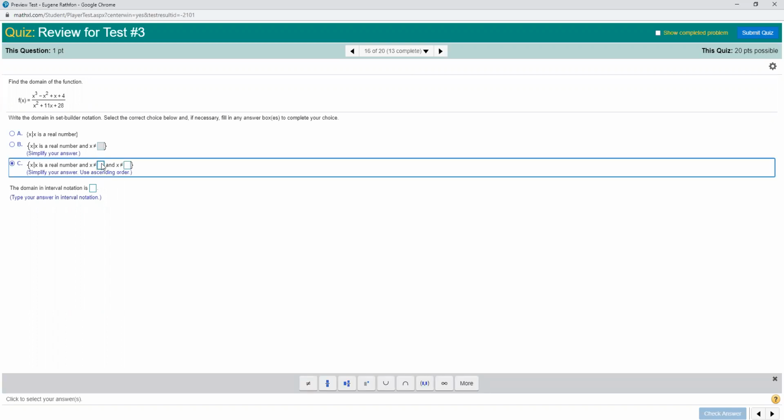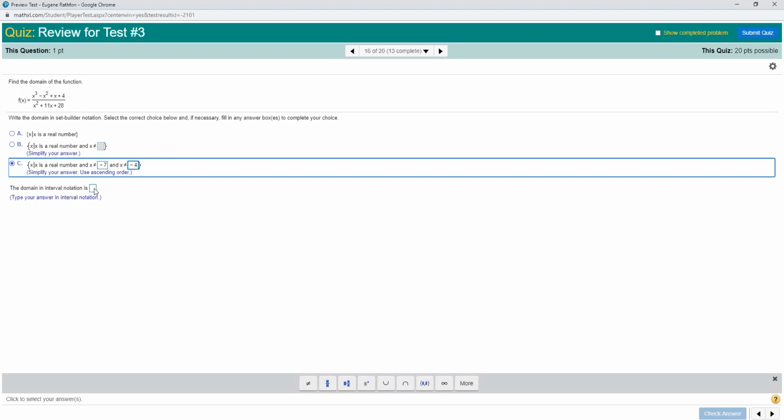So negative 7 is smaller than negative 4, so you got to put it first, and then put your negative 4. If y'all get them out of order, it'll mark it wrong, and you'll have to email me and tell me, hey, I had the right answer, but I put them in the wrong order, so that I can give you credit. But remember, ascending order means the smallest number to the largest number, okay?